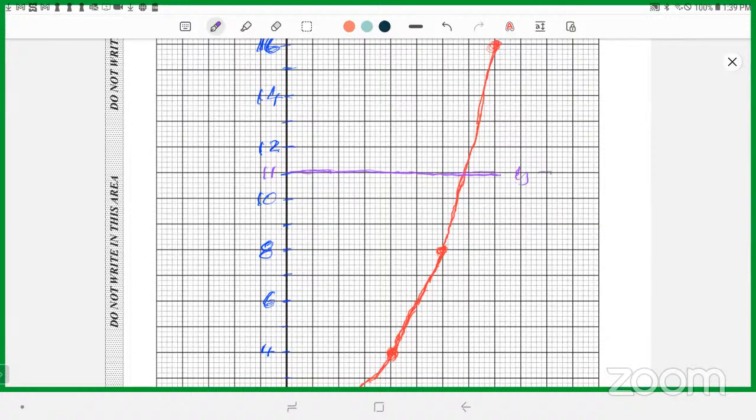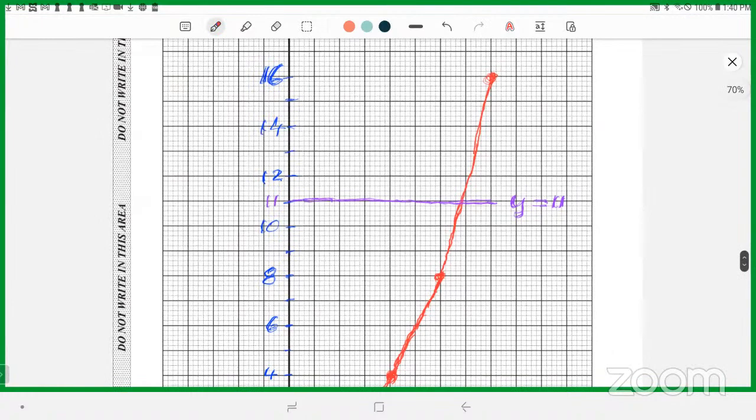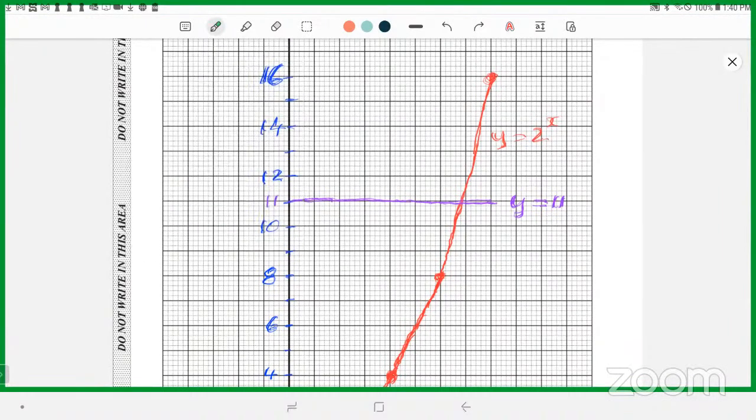And the curve is y equals 2 to the x. So the point where 2 to the x is equal to 11 is the point of intersection right here. The question is talking about this point where they intersect.